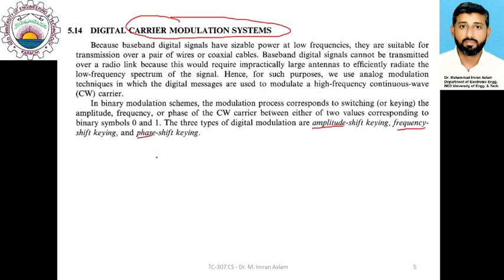So in order to represent binary or digital information by using a sinusoidal carrier, we need to either change the amplitude of the sinusoidal carrier, or change the frequency, or the phase of the sinusoidal carrier. For the case of digital bandpass modulation, we generally name these modulation schemes as shift keying.